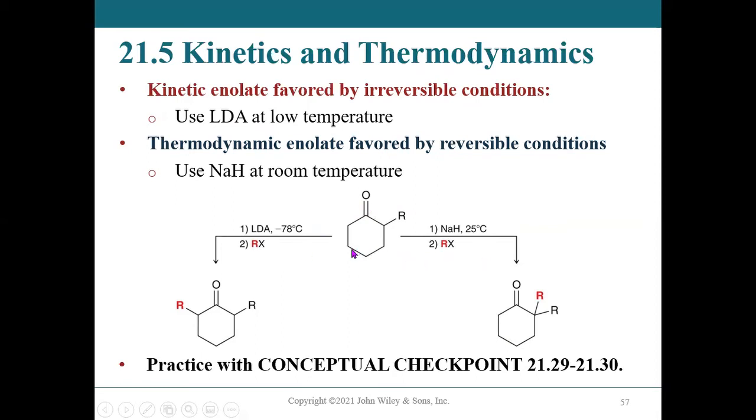One approach uses relatively high temperature, and then we see the more substituted alkylation is produced. At the lower temperature, the kinetic enolate is produced, and then we see the less substituted alkylation occurs on the left side of the molecule.